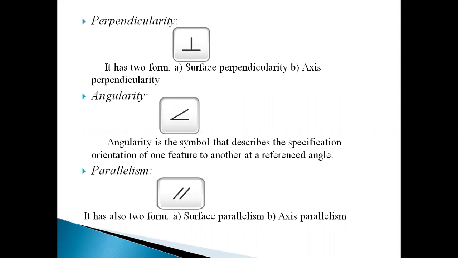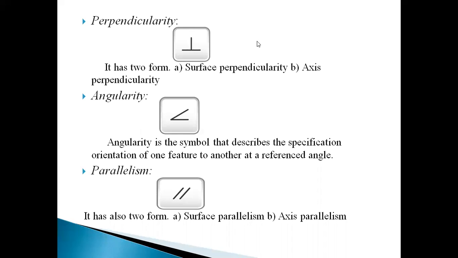Next one is perpendicularity. Perpendicularity is the condition of a surface, axis or line which is 90 degrees from the datum plane or axis. Perpendicularity has two different functions depending on how it is called out. First one is surface perpendicularity.